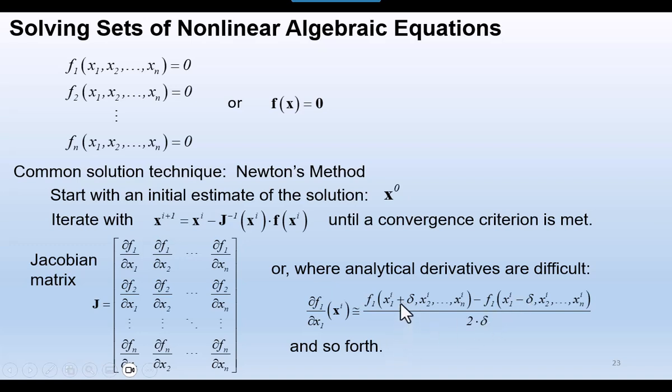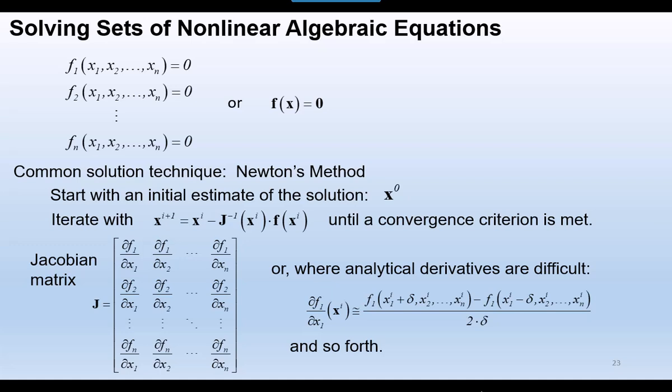Here I've shown it with plus and minus delta divided by 2 delta. And that gives us a way to estimate the items in the Jacobian matrix. Okay? So we're going to illustrate that first with an example, all right?